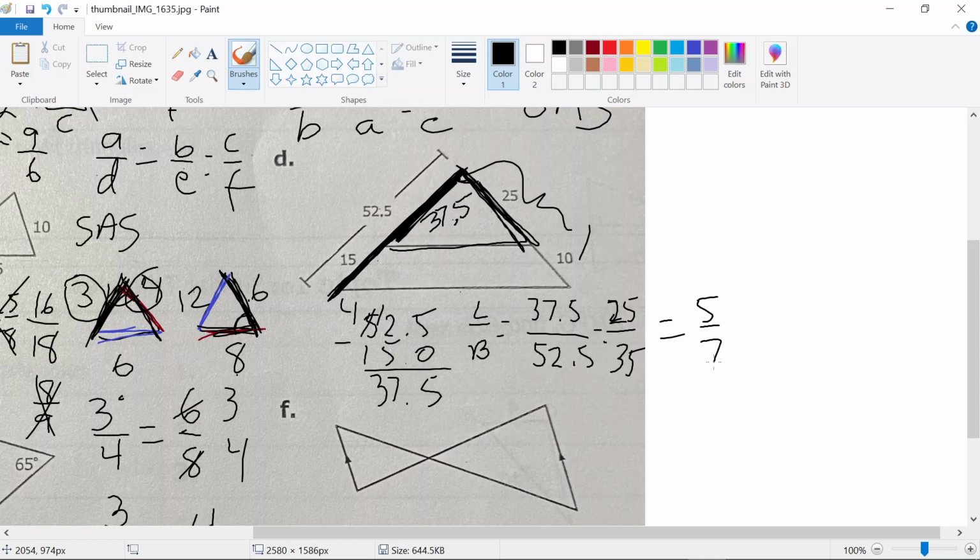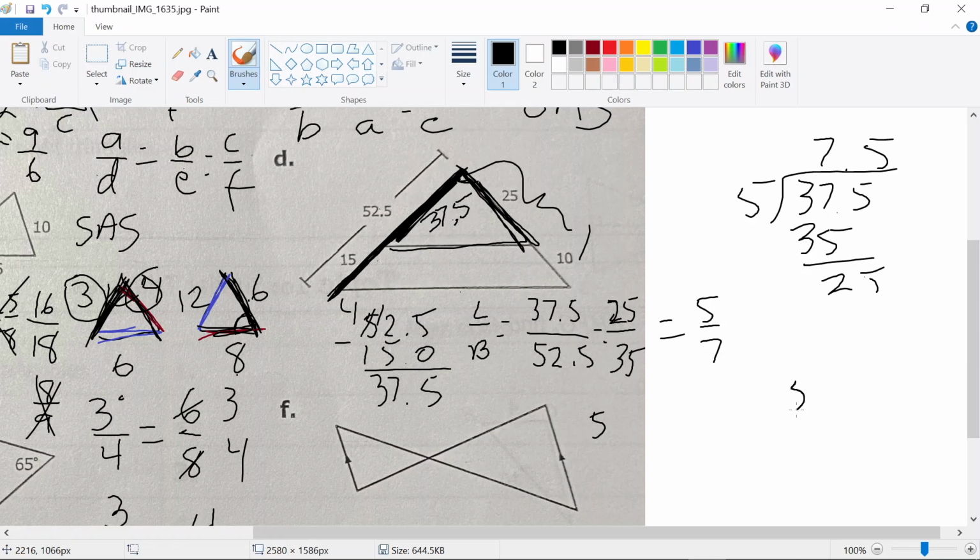Is there some number I can divide both by to get 5/7? Well, let's see. 37.5 divided by 5 is 7.5, since 5 times 7.5 is 37.5. So if I divide the top, 37.5 divided by 7.5 is 5. 52.5 divided by 7.5.